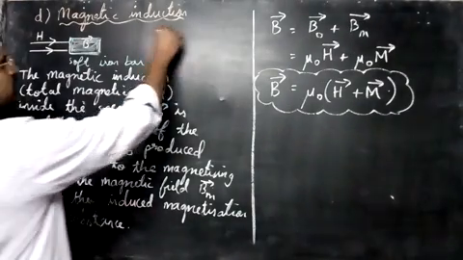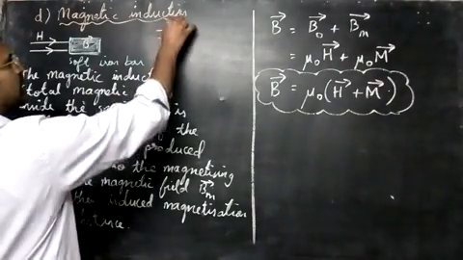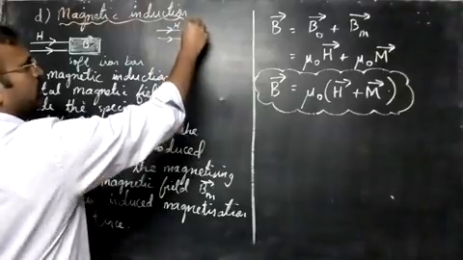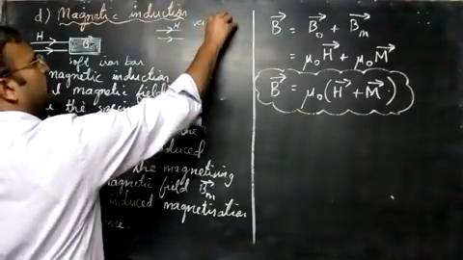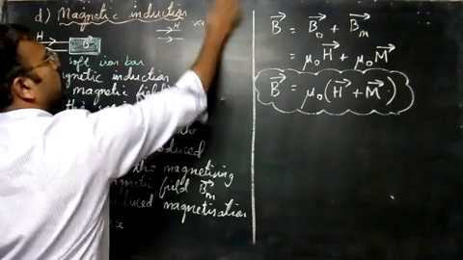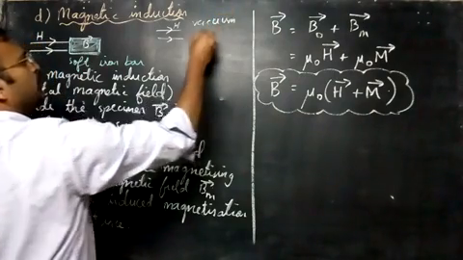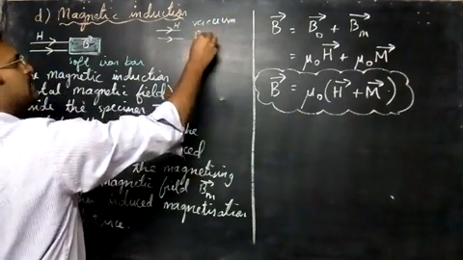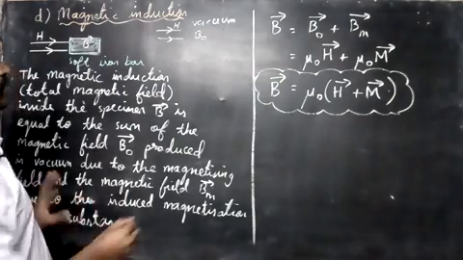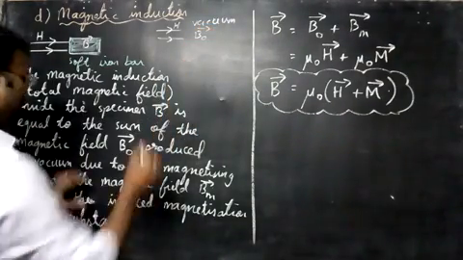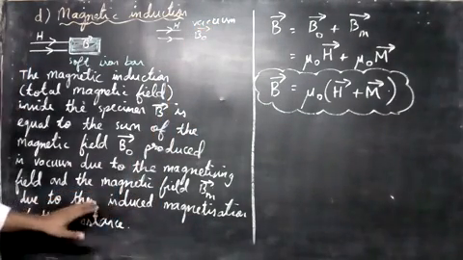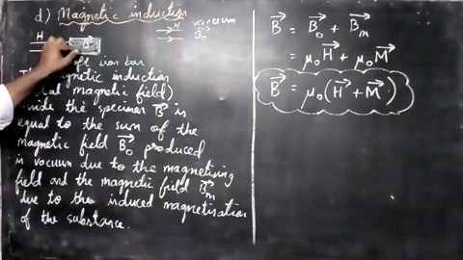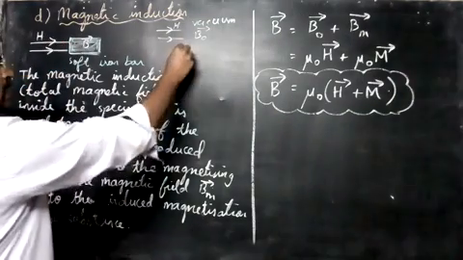So we're sending H here. In vacuum, you'll see we get a magnetic field, that is B naught. B naught is produced, and then inside the material we learned there are many dipoles.